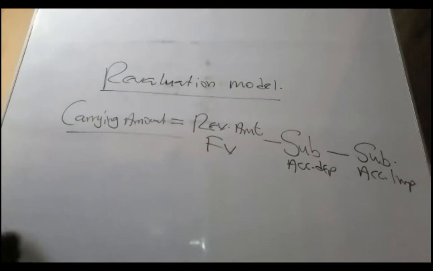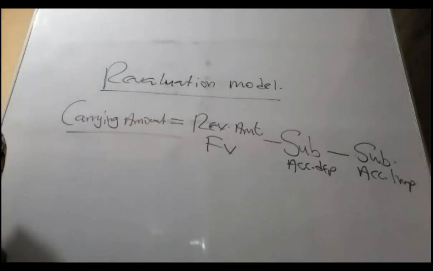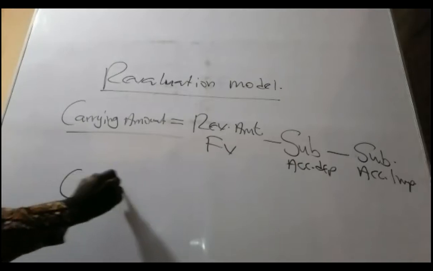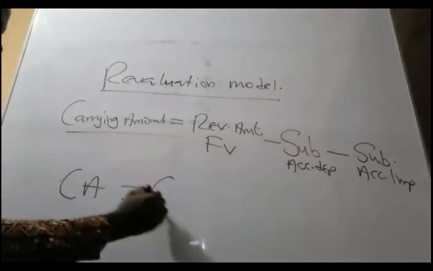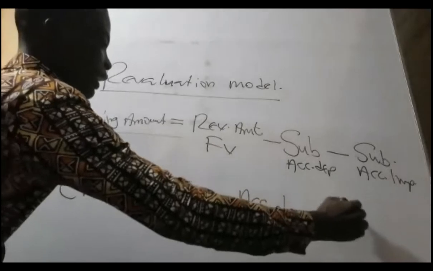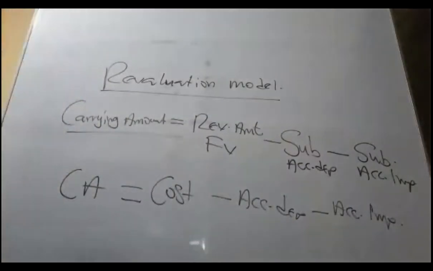But what's the difference between the revaluation model and the cost model? This is the difference. Under the cost model, the current amount is equal to the cost of the asset less accumulated depreciation, no subsequent, less accumulated impairment loss.